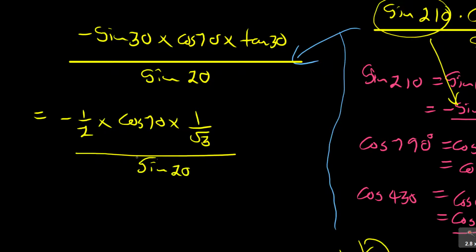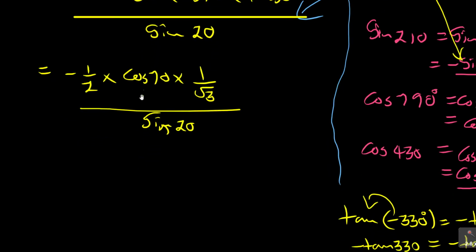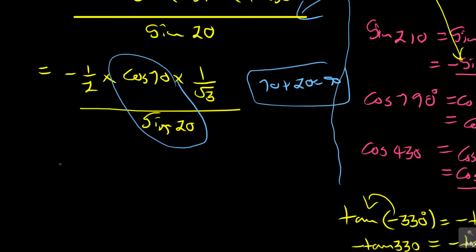sine 20. Now, something interesting here. When you are faced with this, always look at these things. They always give you intentionally. Look at this part, these two: 70 plus 20 gives you 90, meaning there is a co-function part. Meaning sine 20 is equal to cos 70.